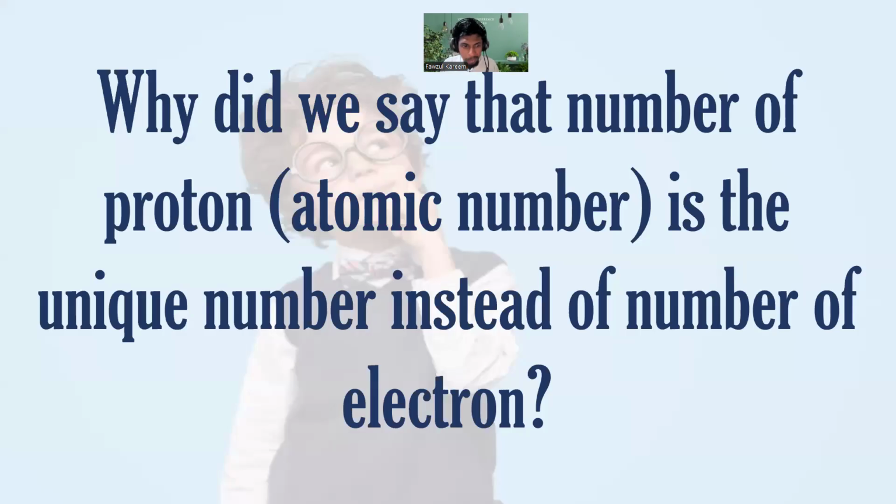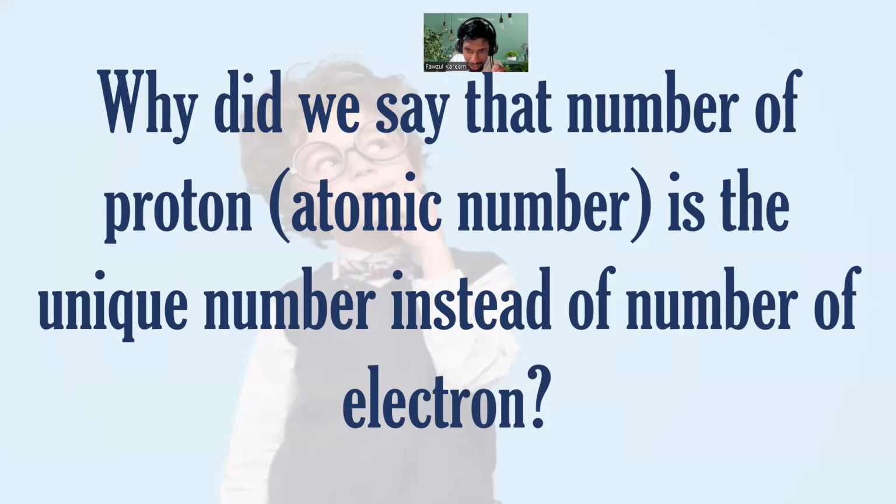Now, why did we say that the number of protons is the unique number instead of the number of electrons? You know, the number of electrons and number of protons are the same, right? But I said only the number of protons is unique.